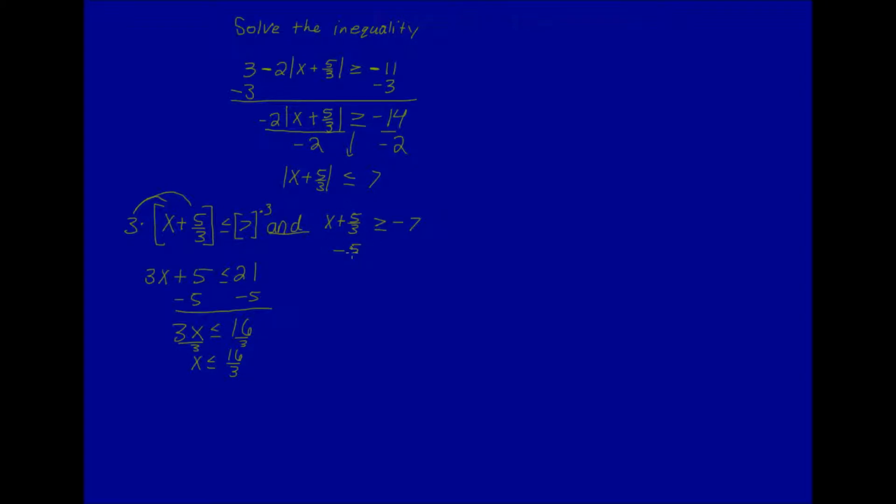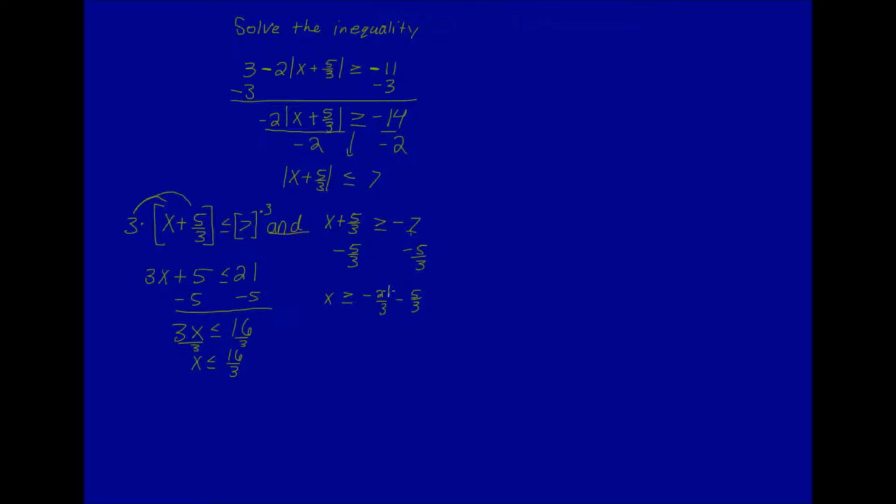So I subtract 5/3 from both sides. Now I need to do negative 7 minus 5/3, and I have x is greater than or equal to, multiply top and bottom of the fraction negative 7 over 1 by 3 to get a common denominator, and I have negative 21 over 3 minus 5/3.